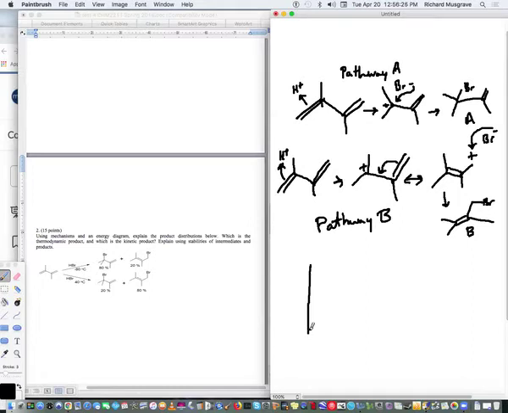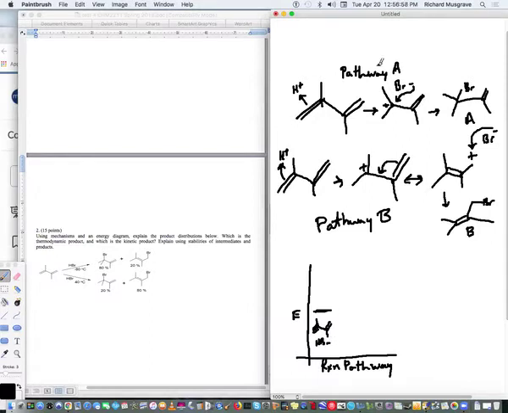All right, so the energy diagram is going to look like this. You'll have energy on the y-axis and reaction pathway or coordinate, something like that, on the bottom. So it starts out at the reactant, which is what we're starting with, obviously, an HBr.